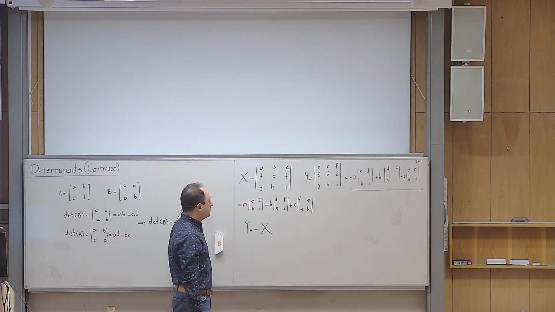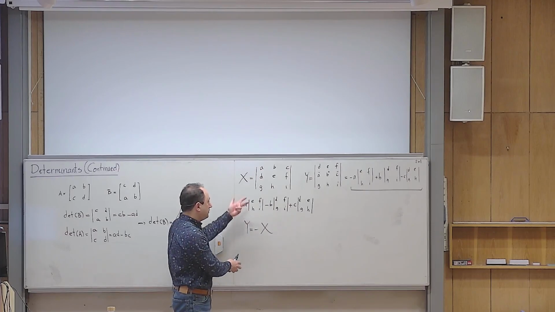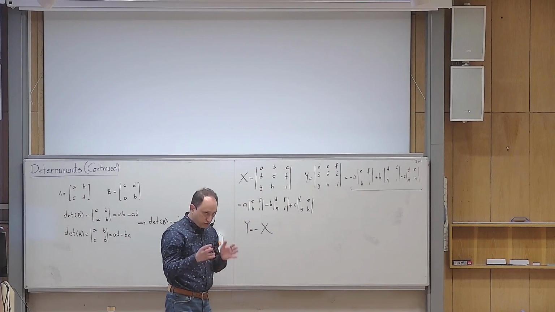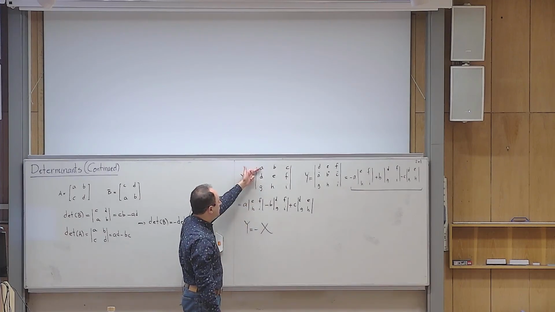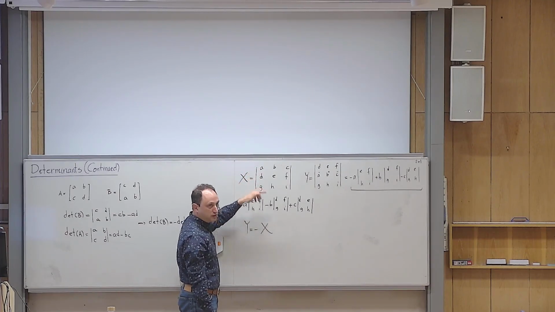My question is, if we take for granted that interchanging adjacent rows gives a minus sign, why, if I interchange this with that one, even though they are not adjacent, does the rule still apply?